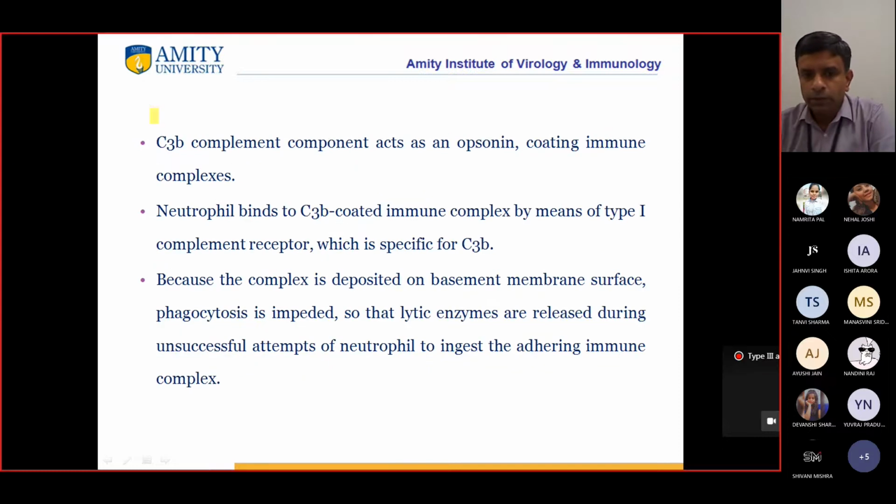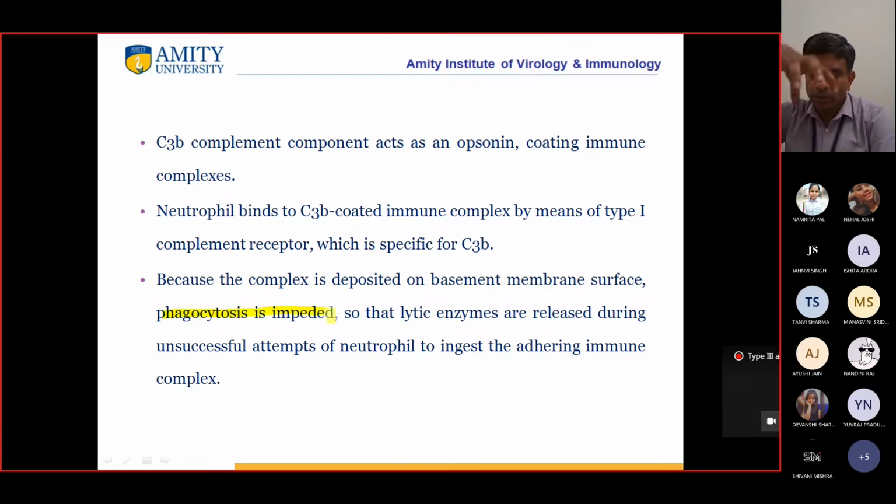C3b complement components act as opsonins. We know what this is. So the neutrophil binds to the C3b coated immune complex by means of the type 1 complement receptor. We have already discussed this receptor. Because the complex is deposited on the basement membrane surface, phagocytosis is impeded.